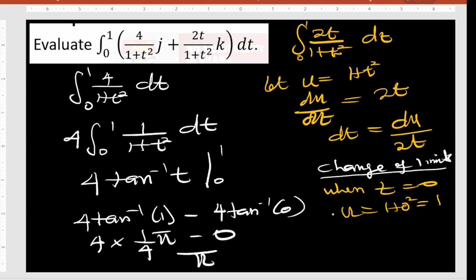We are still using the relation for u. And when t is equal to 1, our u will be equal to 1 plus 1 squared, and that will be 2. Good.